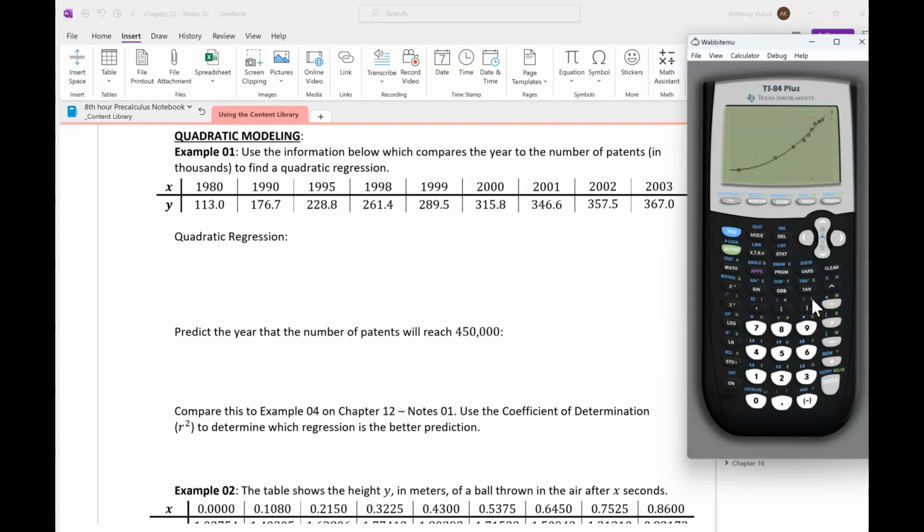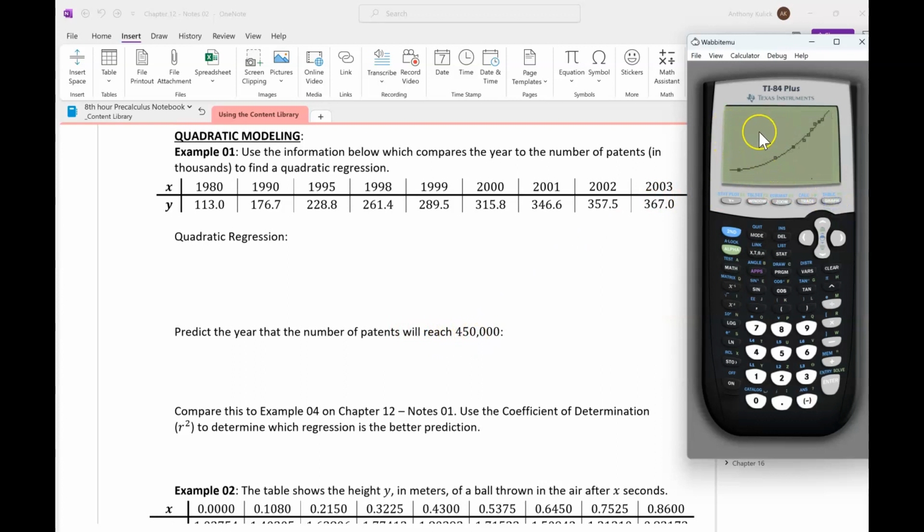Look at that beautiful fit. Oh, lovely. Now notice here, it's asking us to predict the year when we'll reach 450,000 patents.